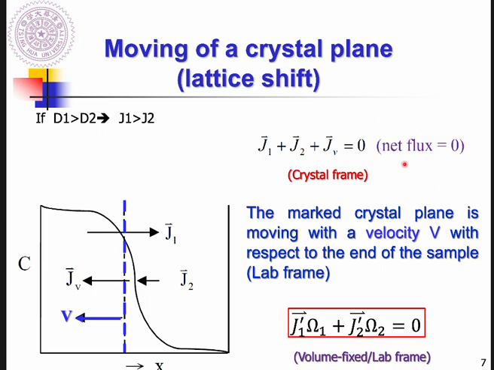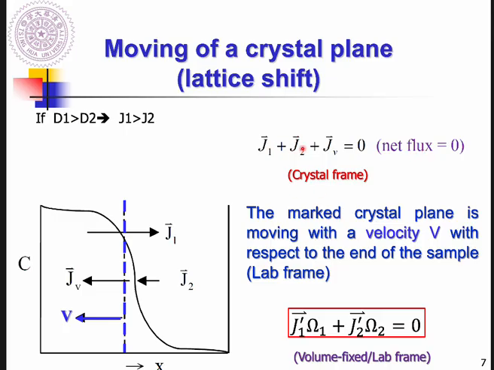The net flux for each plane, each interplane, should be equal to 0. So in this case, I just replace A and B with 1 and 2. We also have J1 larger than J2, but we need to obey that the net flux for a specific plane equals 0.